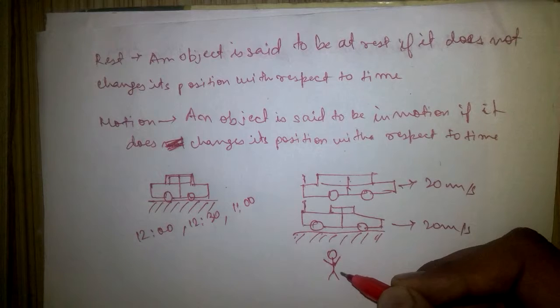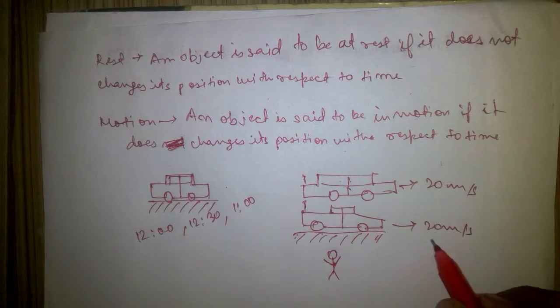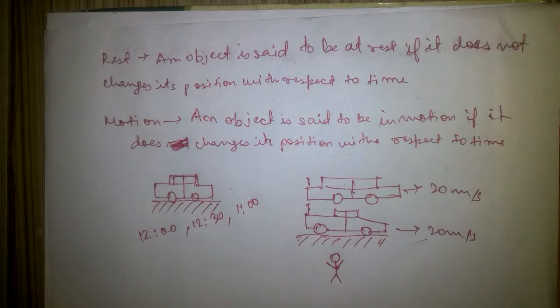The man is standing still, and the car's speed is 20 meters per second. So the car is moving at 20 meters per second with respect to the man, which means the man will see the car moving at that speed.